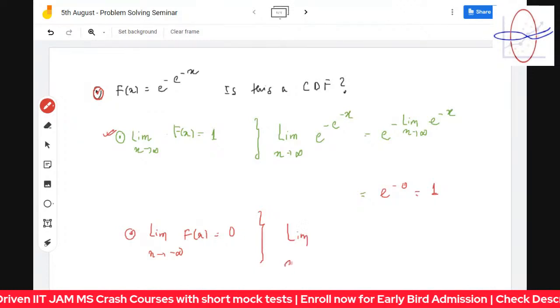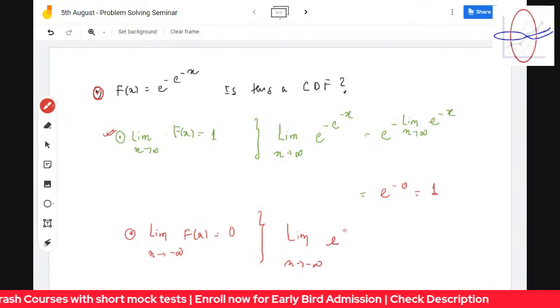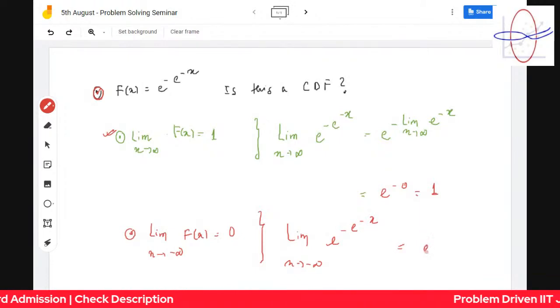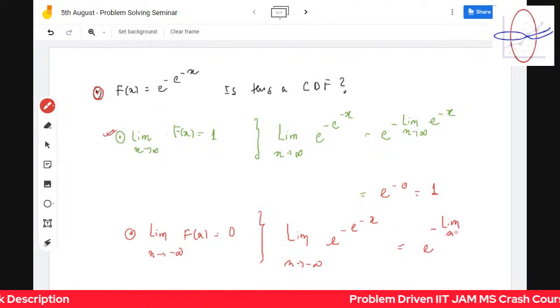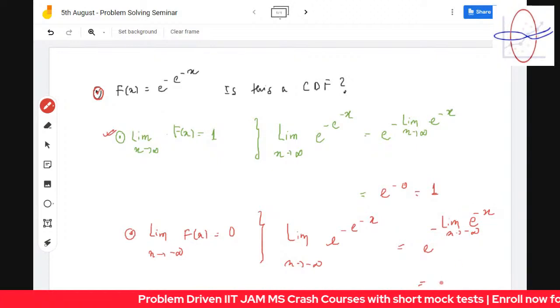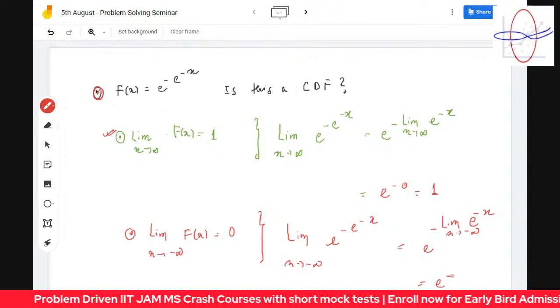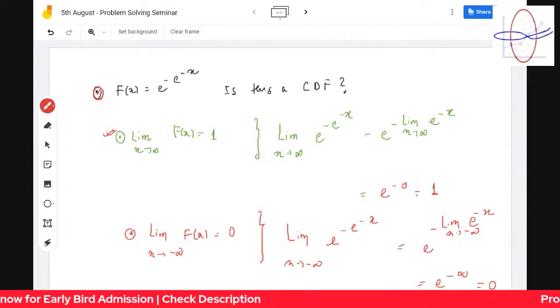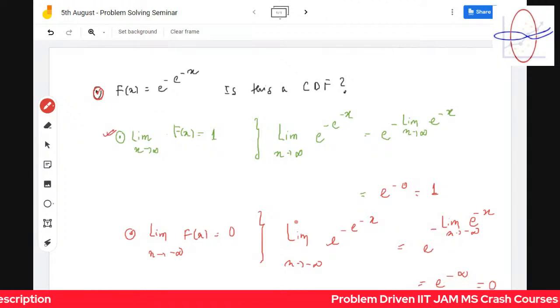The limit as x tends to minus infinity of e^(-e^(-x)) is e to the power minus the limit of e^(-x) as x tends to minus infinity, which is infinity. So it is e^(-infinity), which is equal to 0. Super good, so this is also holding.